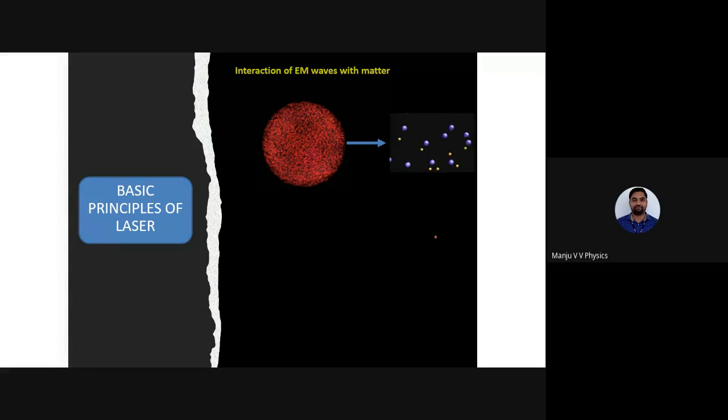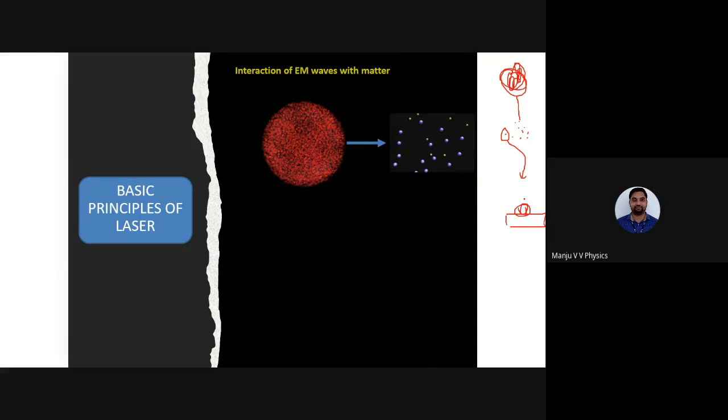Matter is made up of small particles. Again, if you increase the resolution of the microscope, imagine this is matter on a macroscopic scale. You cut this matter into powder and you can see different particles. Again, you take one particle and keep it inside the microscope. This is the sample holder.